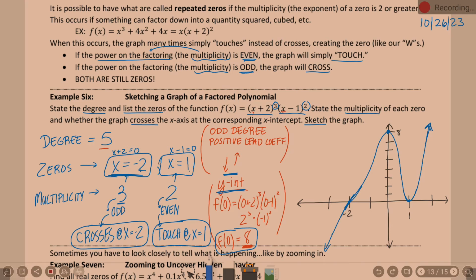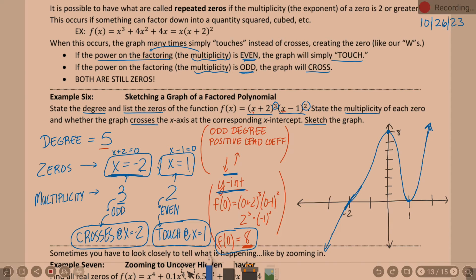We have x plus 2 to the third, parentheses, x minus 1 to the second. We got the general shape of the graph? We do. You can kind of see right there, it kind of flattens out.